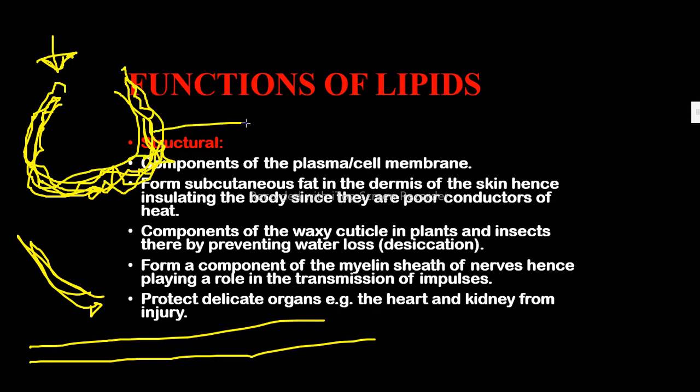Now these fats, they do absorb that shock that would reach the organ to damage it. So they do absorb that shock. Okay? And your organ is safe, your heart is safe, your kidneys are safe. Okay? Your lungs are safe.